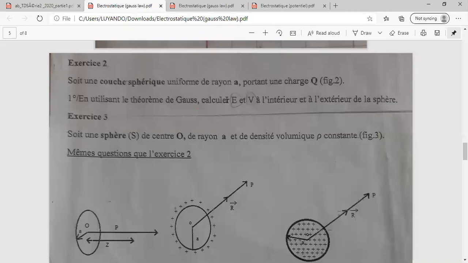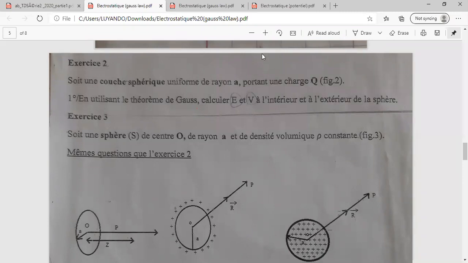We calculated our E the last time, so now we're going to calculate the V. So this is how our question comes. Using the Gauss theorem, calculate the electric field and the potential at the interior and exterior of the sphere. We're going to start with exercise 2, which is this sphere right here.